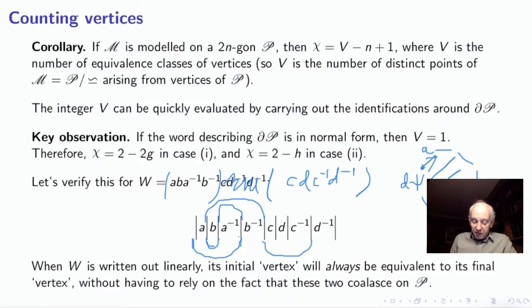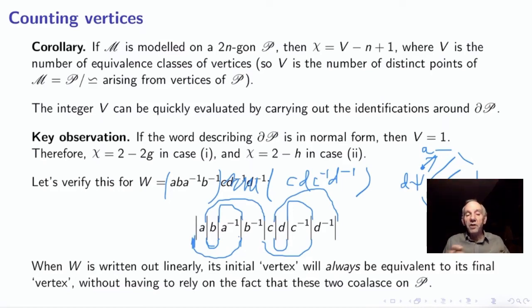Now the beginning of D inverse, which is the same as the end of D. Now the beginning of C inverse, the same as the end of C. Now the beginning of D, the same as the end of D inverse. And now I've gone through every vertex, and you see they're all equivalent because they've all been identified via the equivalence relation.